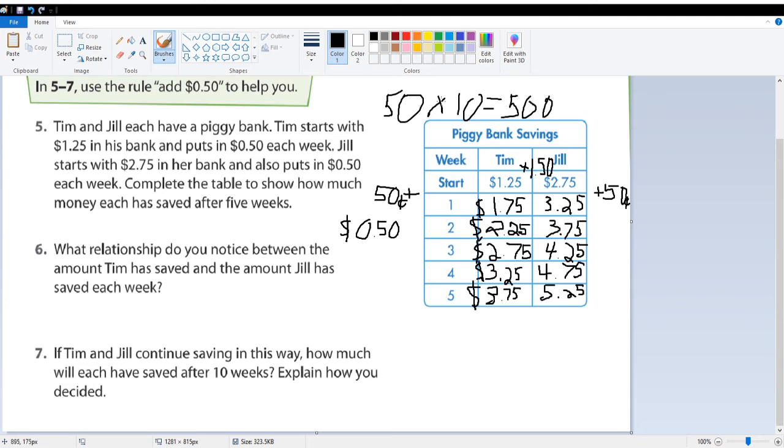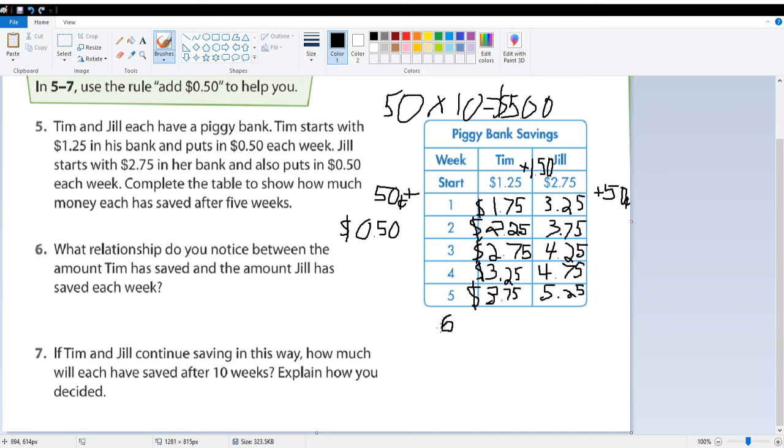Or 50 cents times 10 would equal $5. So all we're doing is adding $5 to their start. So Tim would have $6.25, and then Jill would have $7.75, right?